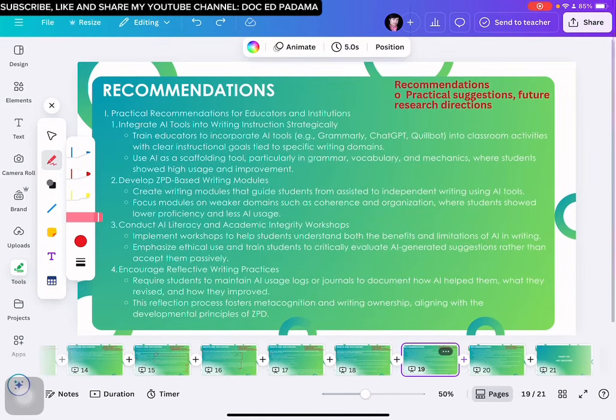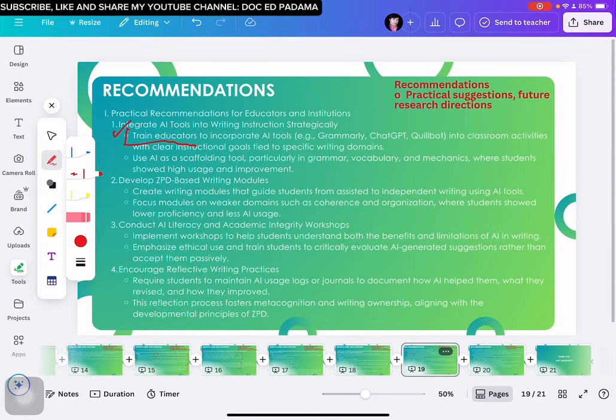So under this particular slide, if you're going to take one, train educators. This one is train educators. So this one already includes the specific target of the action.